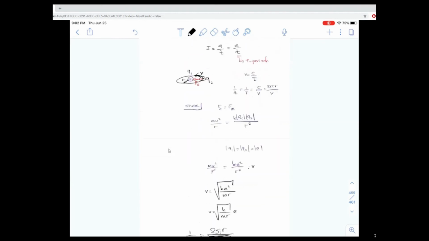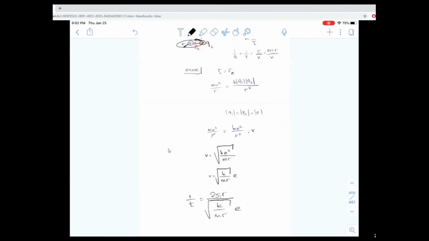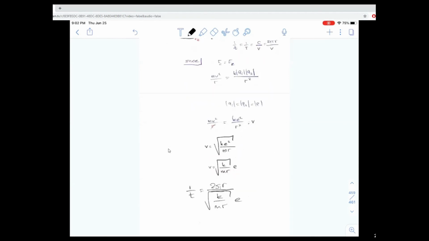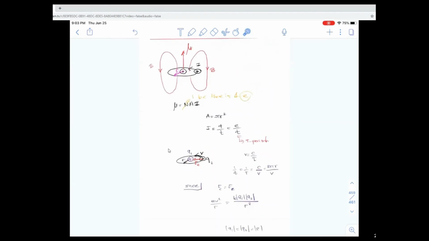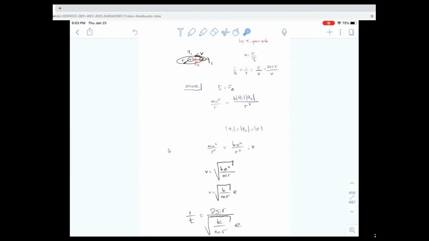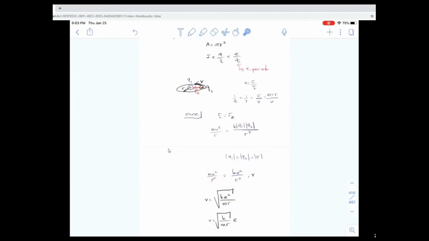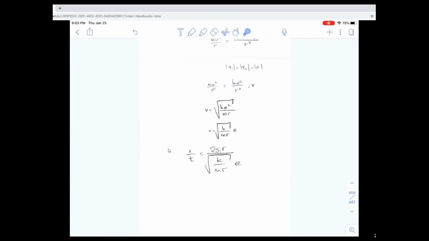And then the next thing I'm going to do is take this expression, grab it, and then place it right there. So this is what we were doing in order to get current out of it.